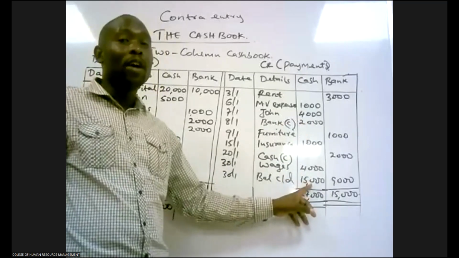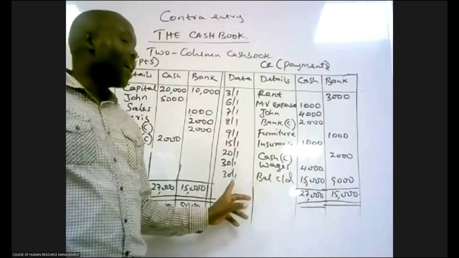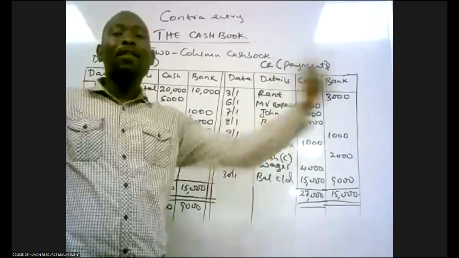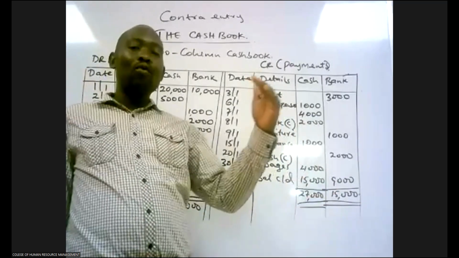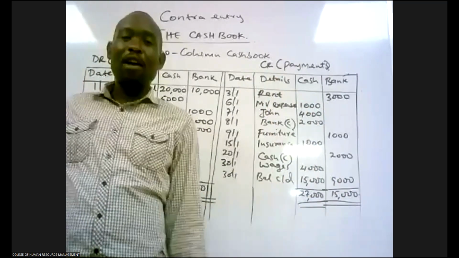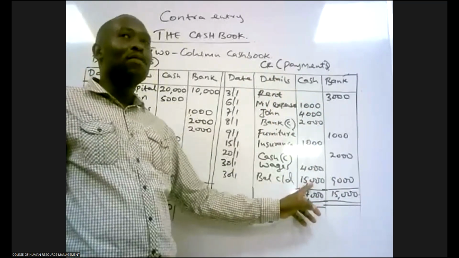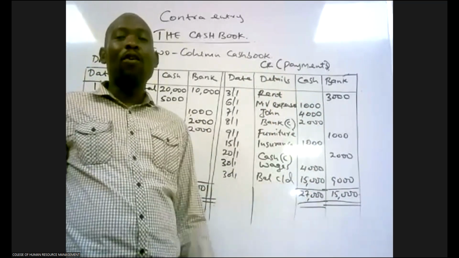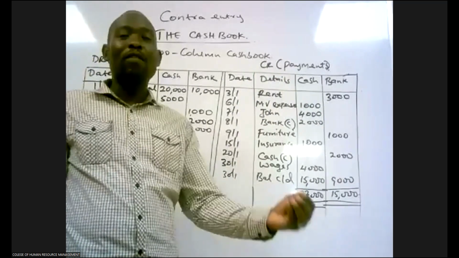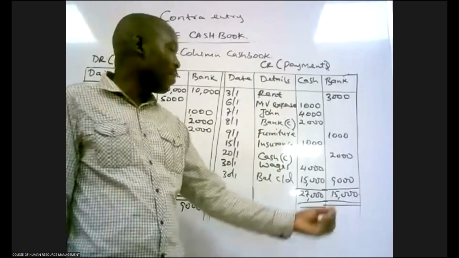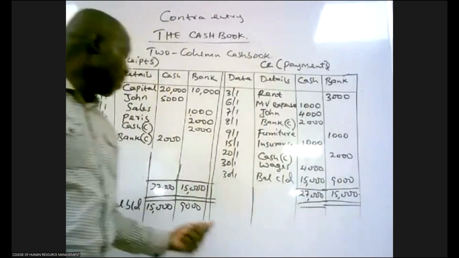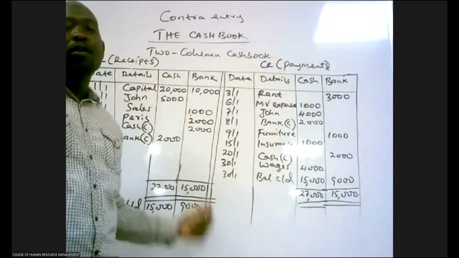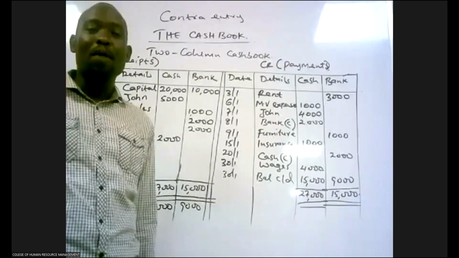And don't forget that when it is the last day of the month, the next day is the beginning of a new month. So if I come to your cash box on the last day of January and I find 15,000, then the following day, it is going to be 1st of February. The same amount that was there the previous night is the same amount you will find early morning of the next day, which is the beginning of the new month.